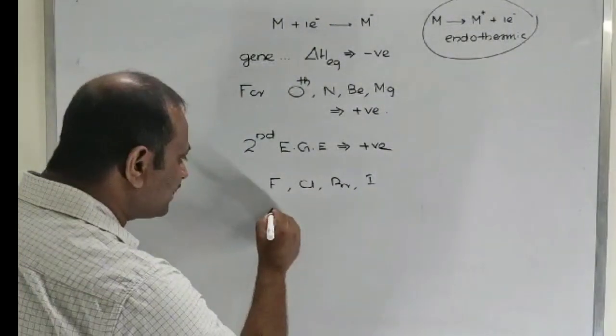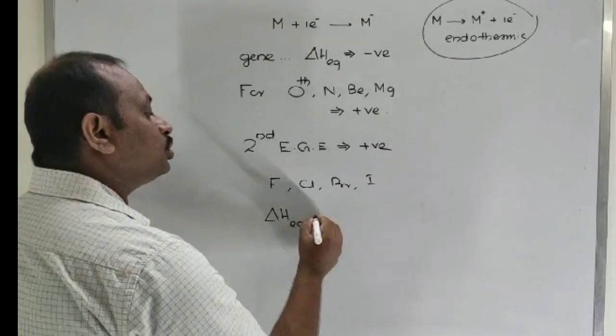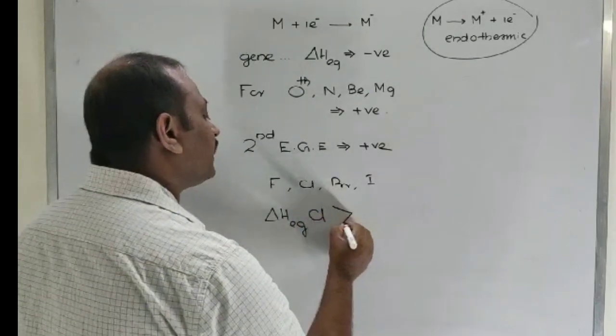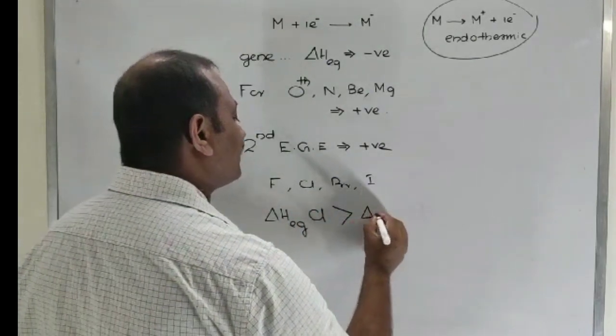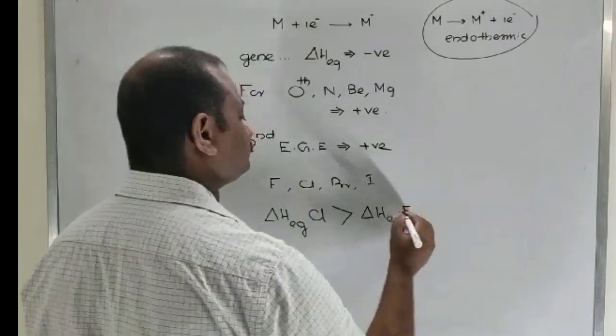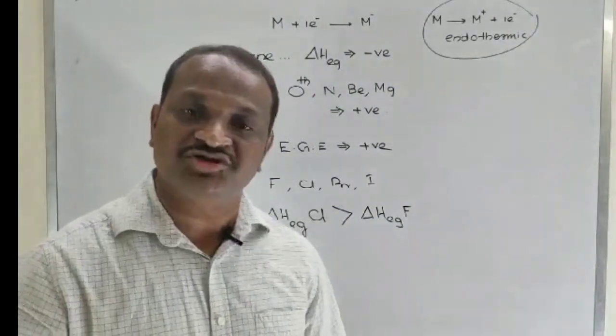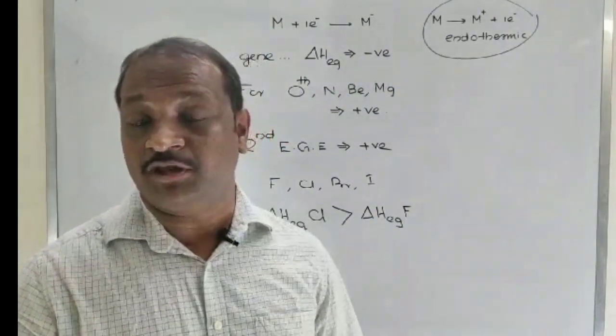The electron gain enthalpy of chlorine is greater than that of fluorine. Why does fluorine behave like that? Because of its small size, electron repulsion will be maximum.